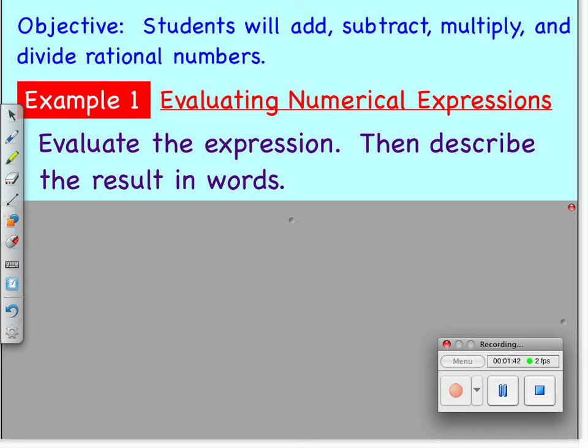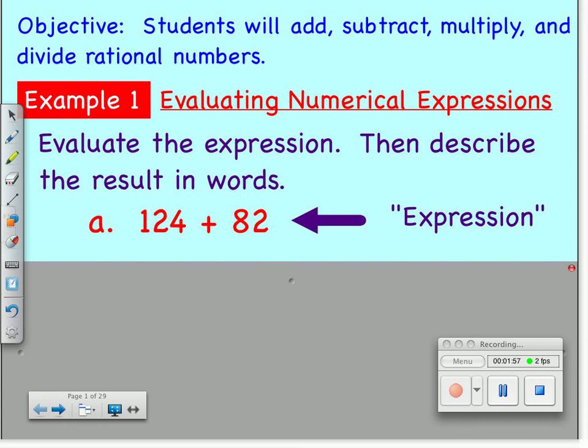So for example 1, letter A, we're going to evaluate the expression, in other words, give the value of it, and then we're going to describe the result in words. So let's get started. For example 1, letter A, the expression is 124 plus 82.